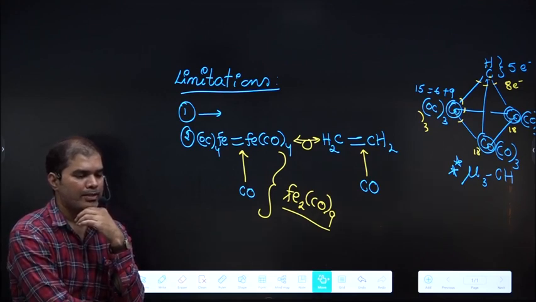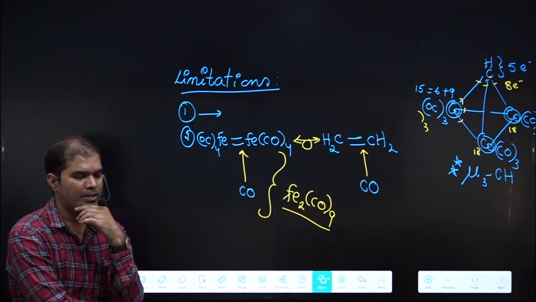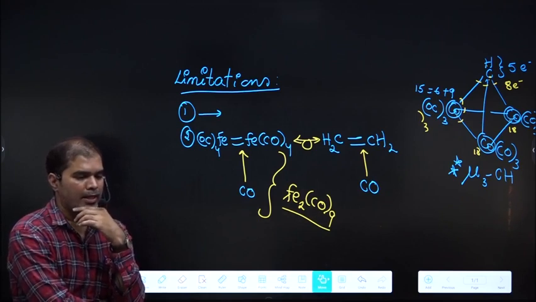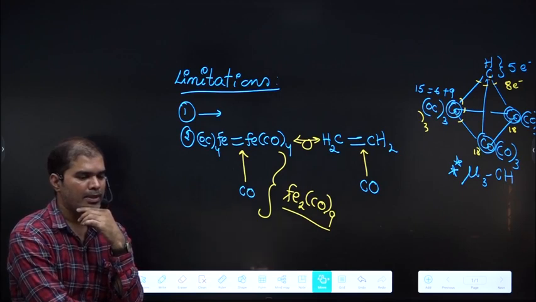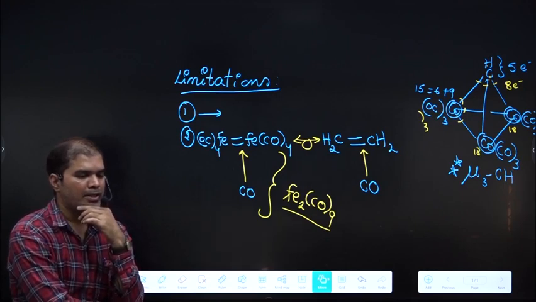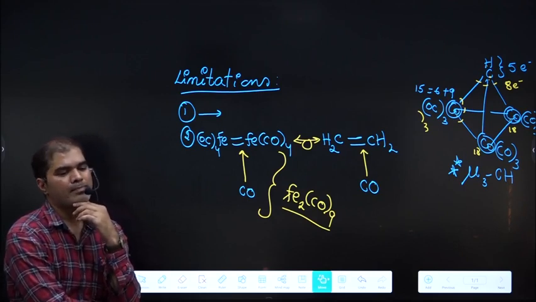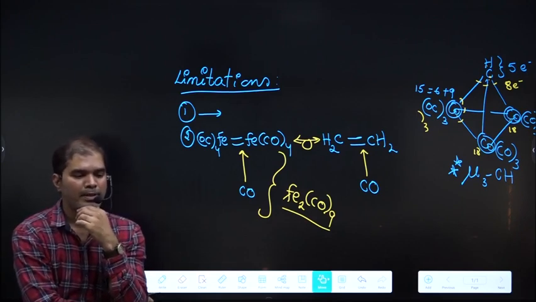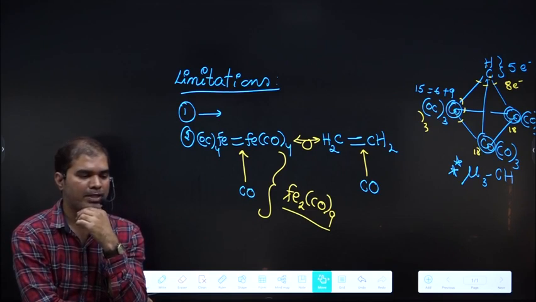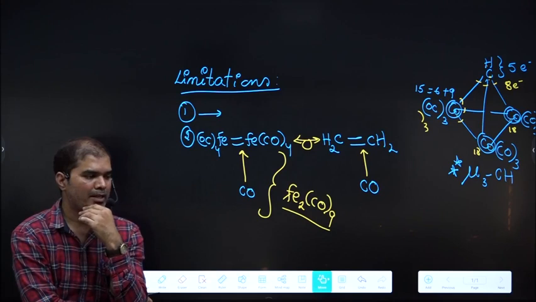CO insertion occurs very easily across a double bond. The same is not the case with ethylene. This is unexplained.